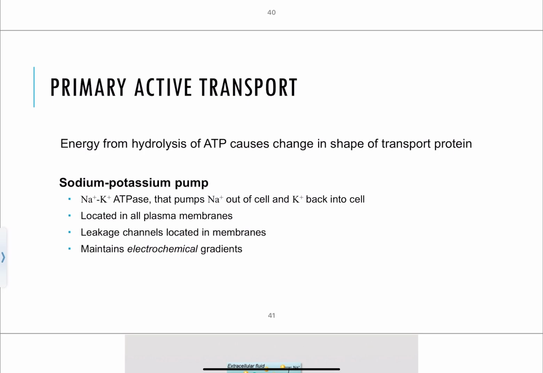So again, if we're talking about primary active transport, the energy that's allowing the molecule to cross is going to come from ATP, which is adenosine triphosphate, and it's going to be hydrolyzed, not the entire ATP molecule, just the phosphate. So if we're looking at the structure of ATP, it's called adenosine triphosphate because it has 3 phosphates.